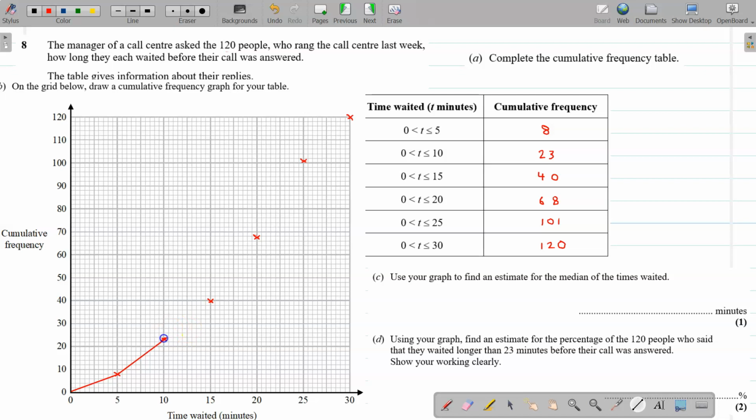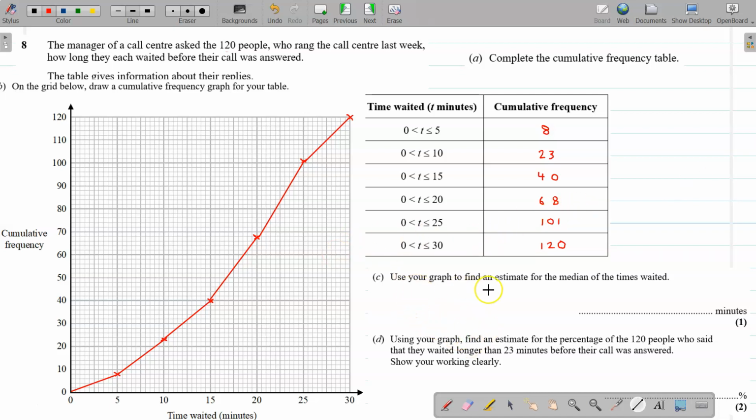So I'm doing it with a series of straight lines, which is perfectly acceptable if you prefer that. Okay, and then up to here and finally to here. This technique though with straight lines is only for cumulative frequency graphs or line graphs. Other types of graphs you have to use a smooth curve.